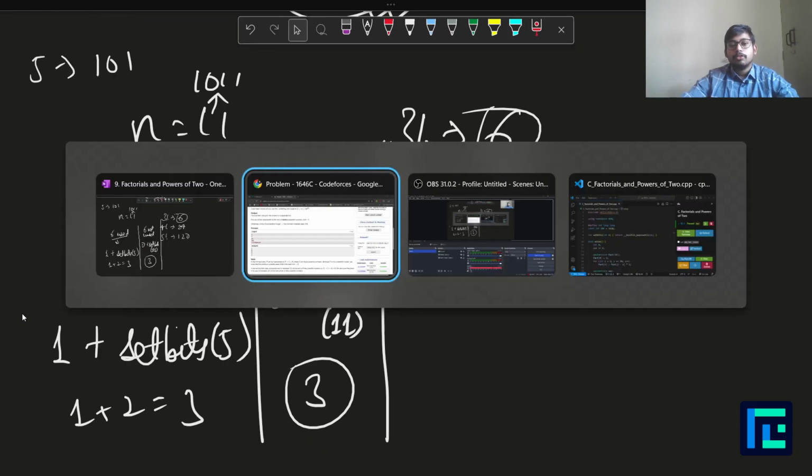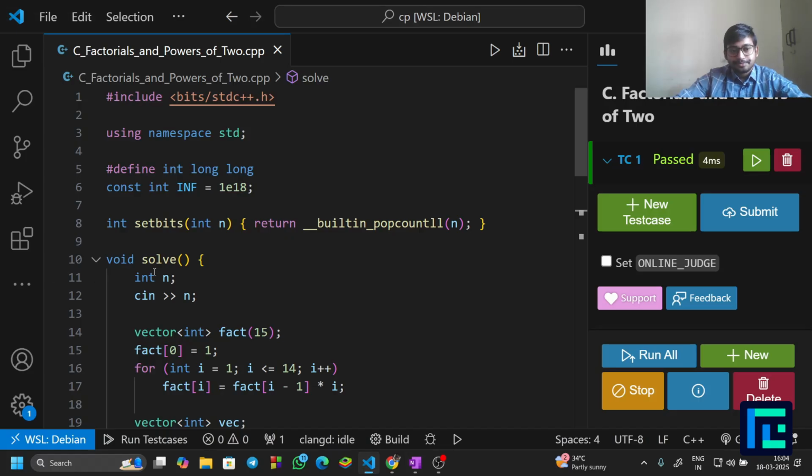Let's move on to the code, what we need to do here. First of all, in order to calculate the number of set bits in an integer, I've created this function. I'm just returning the built-in popcountll. So in C++ we have this built-in popcount function which would return the number of set bits in an integer n.